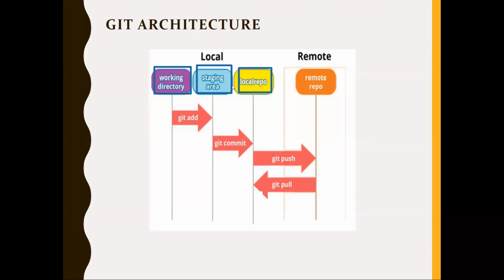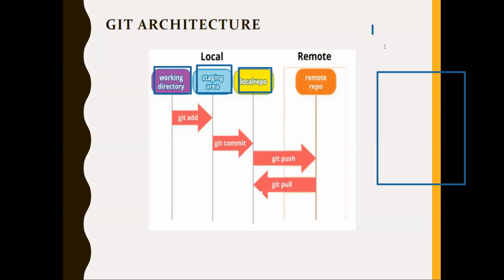This local repository and working directory are physically one and the same folder. How come, if it is one and the same folder, you are moving changes from working directory to local? Physically it's the same, but logically they are different.